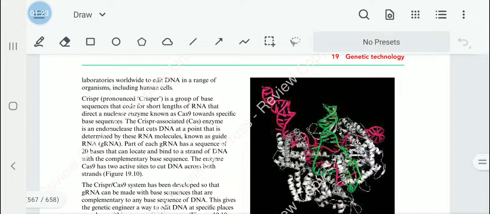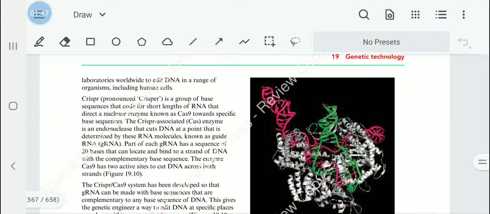The CRISPR-associated Cas enzyme is an endonuclease that cuts DNA at a point that is determined by these RNA molecules, known as guide RNA, gRNA. Part of each guide RNA has a sequence of 20 bases that can locate and bind to a strand of DNA with a complementary base sequence.